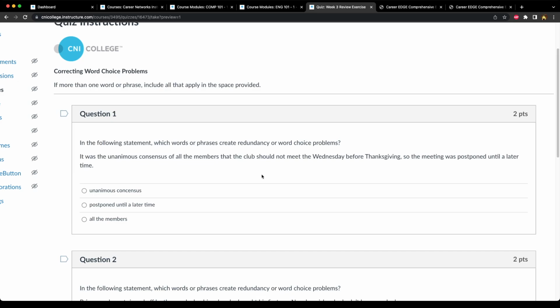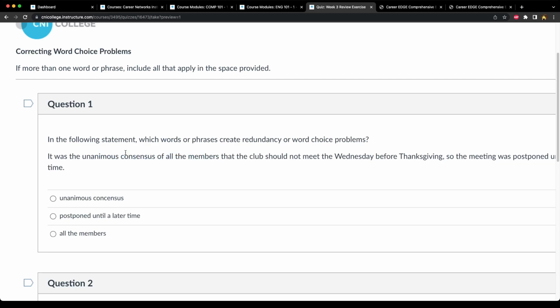It was the unanimous consensus of all the members. You see right here, unanimous consensus of all the members. This creates a very redundant issue, right? Because we're already saying a unanimous consensus, that means everybody. So if you're going to repeat it again, then it's just going to create some issues.